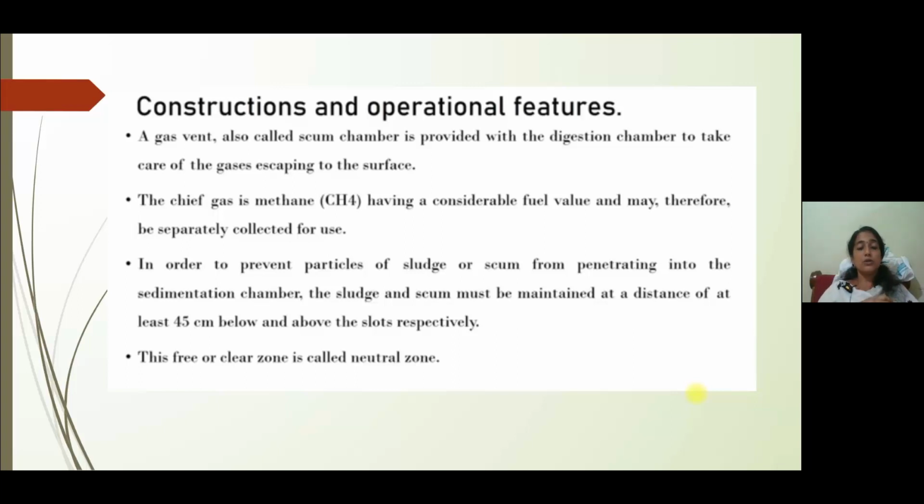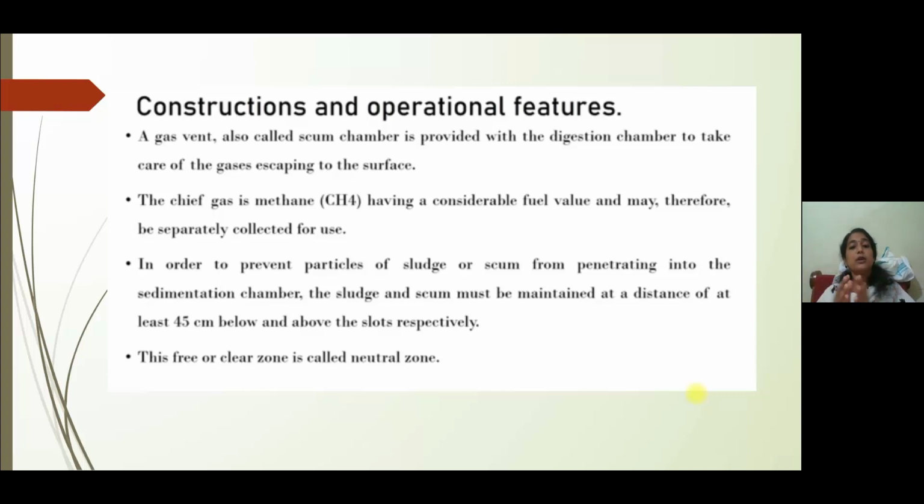A gas vent, also called a scum chamber, is provided with the digestion chamber to take care of the gases escaping to the surface. The chief gas is methane, so we can collect this methane gas and use it.